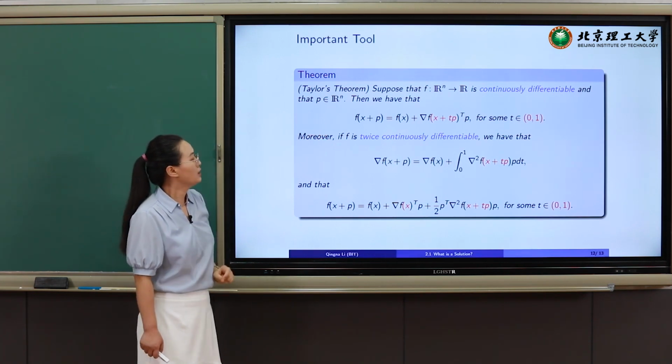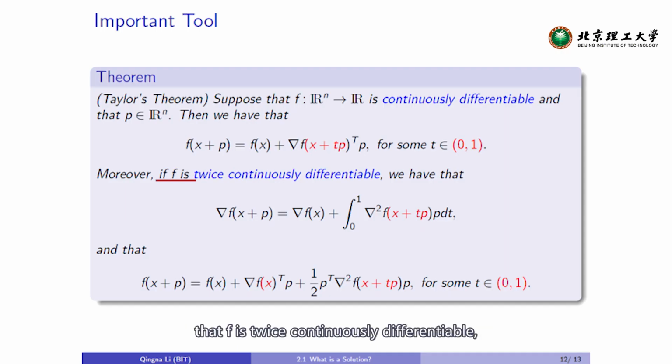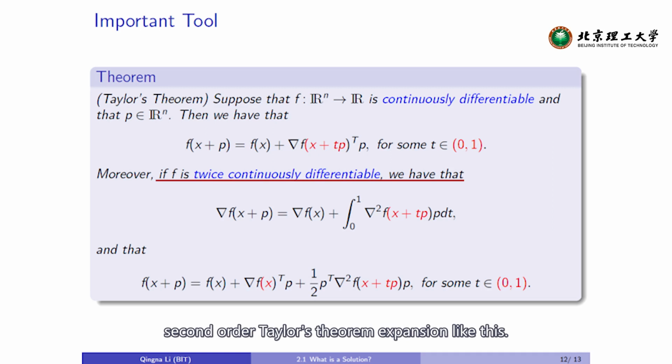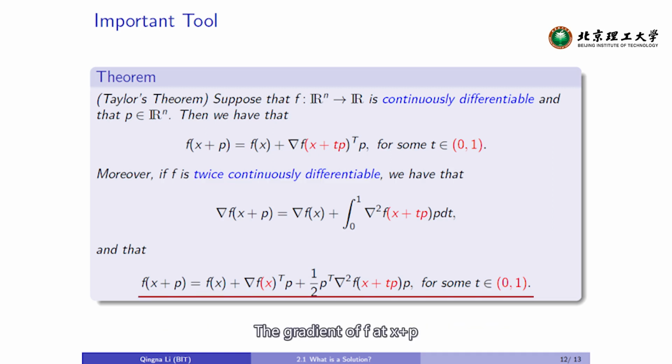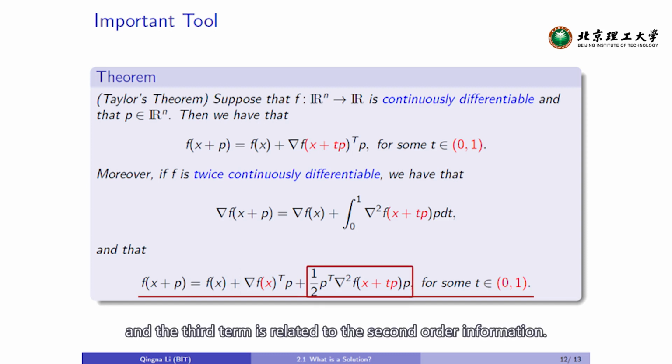And if we further assume that f is twice continuously differentiable, then we have the second order Taylor series expansion like this. The function f at x plus p can be expanded into three terms. The first term is the constant f at x, the second term is with respect to the gradient of f at x, and the third term is related to the second order information.